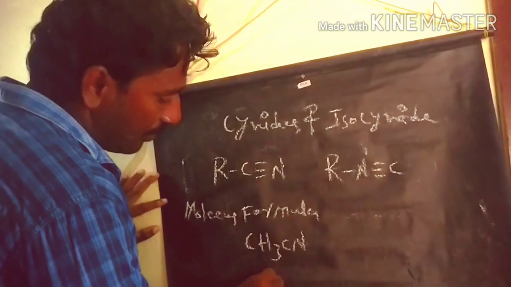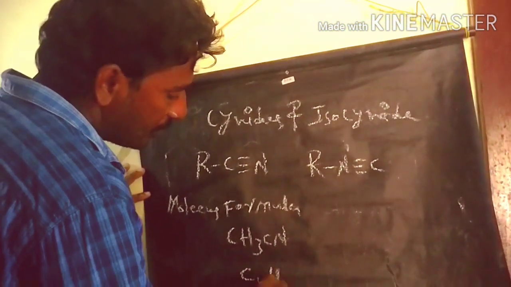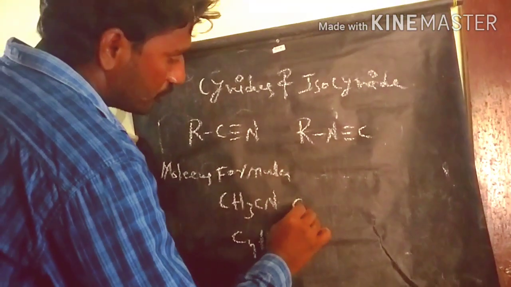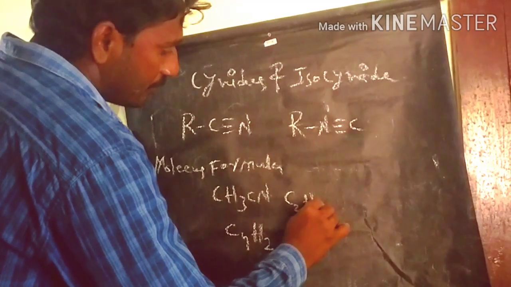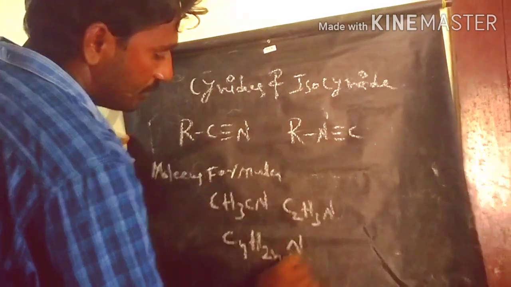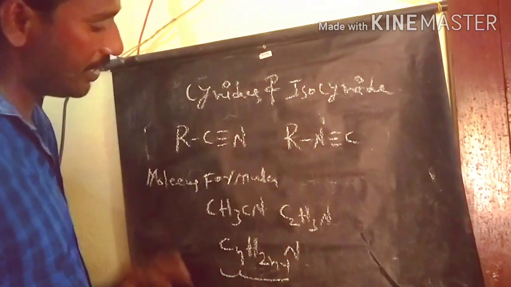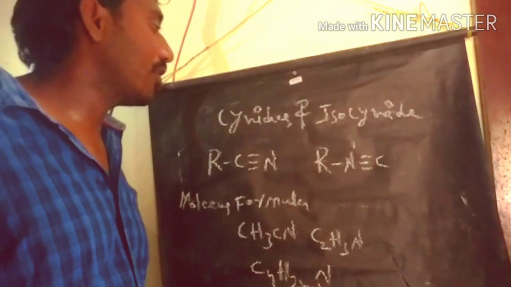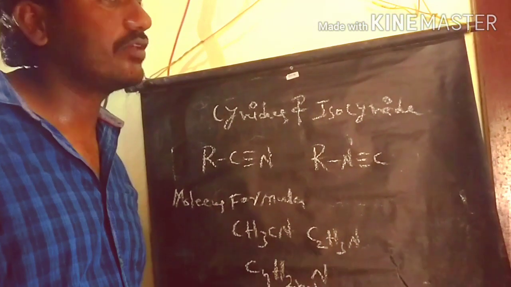The general molecular formula is CnH2n-1N. This is the general molecular formula for both cyanides and isocyanides.